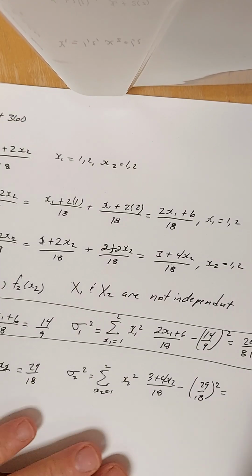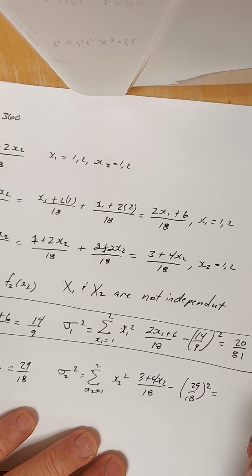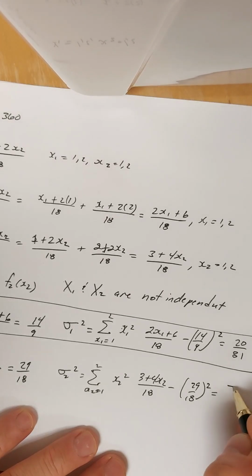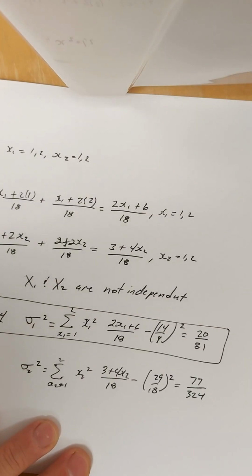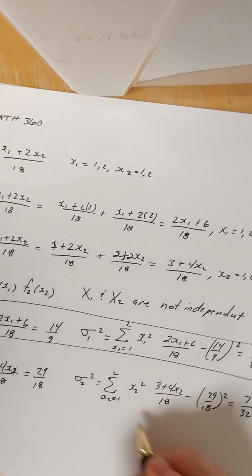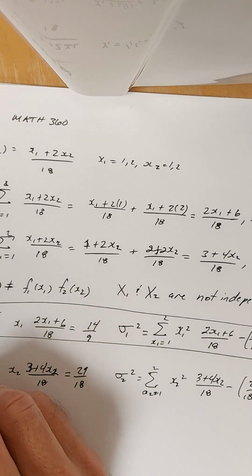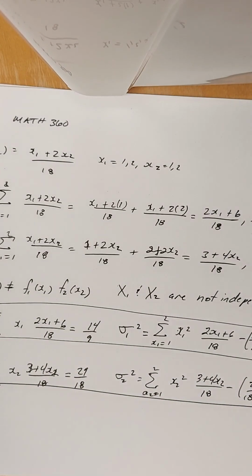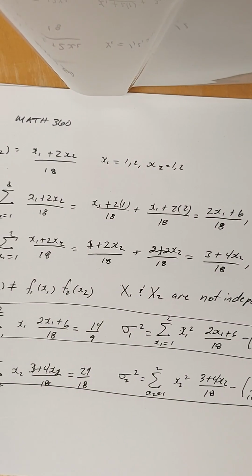If you compute that out, it comes out to be 77 over 324. Okay, so there's our mean and variance for x2.